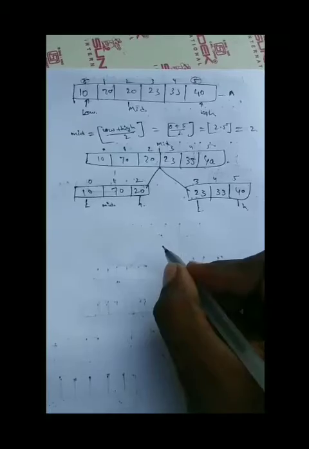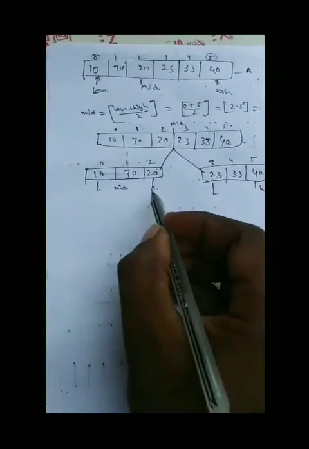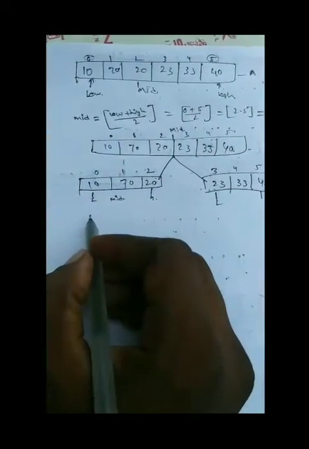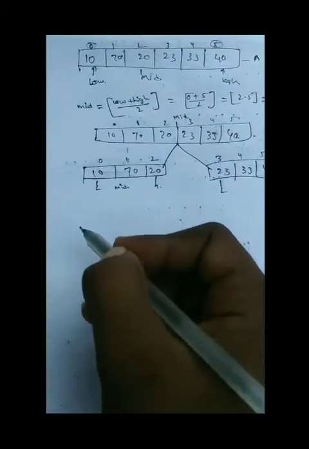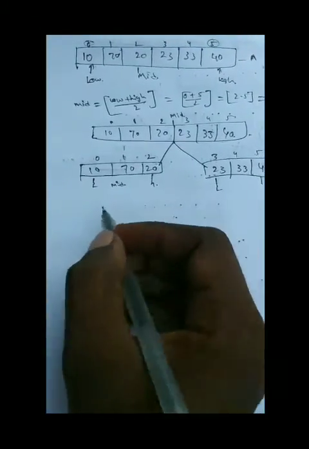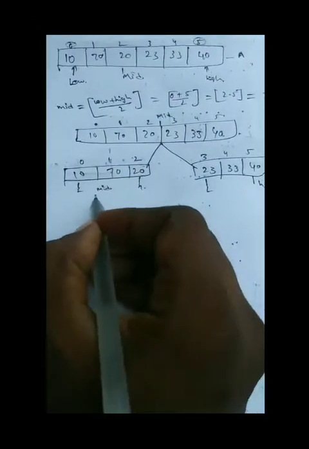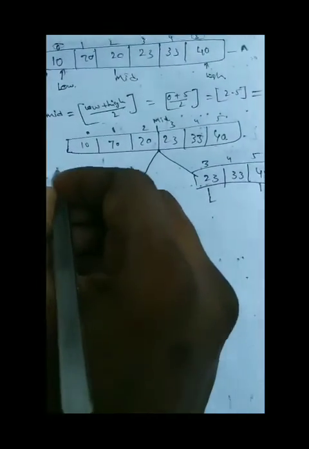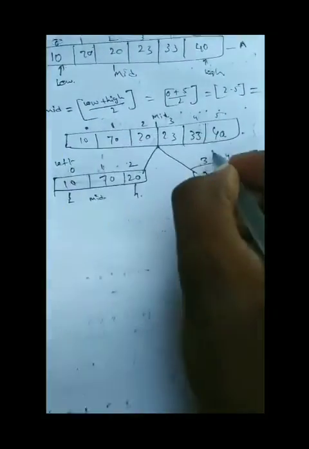To obtain the maximum and minimum elements for the given list, the list is divided until it contains one or two elements. So for that we calculate the middle element here. This is the left sublist, this is the right sublist.